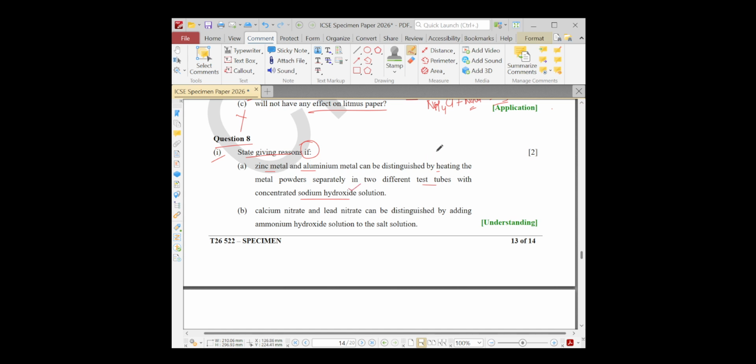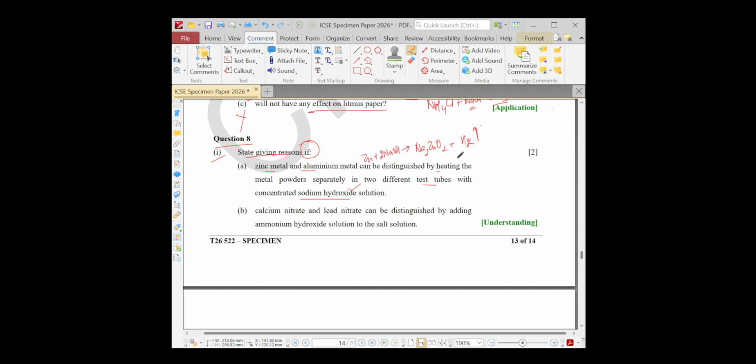What will happen? They are going to form sodium zincate and sodium aluminate. So the product will be Na2ZnO2 and hydrogen gas will be released if we take zinc and sodium hydroxide.